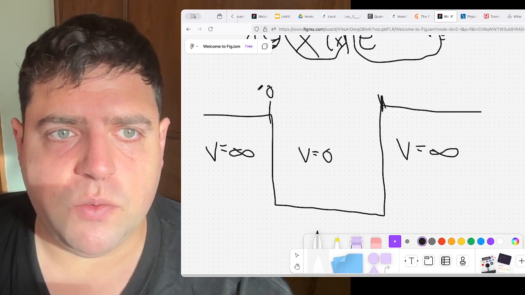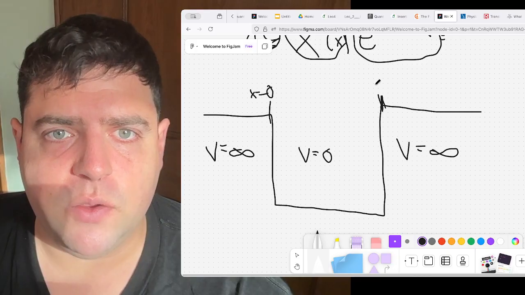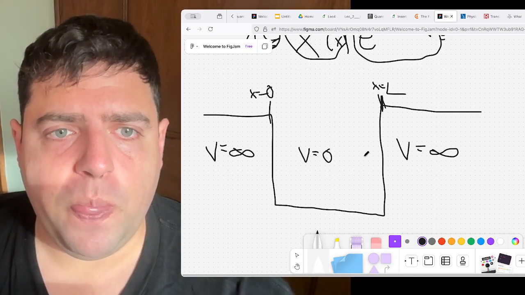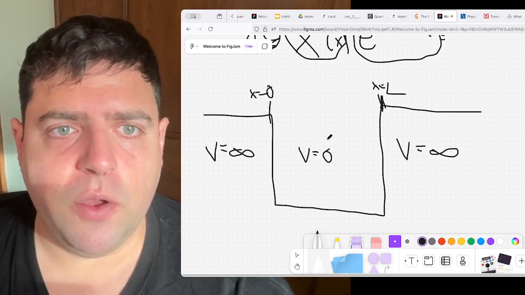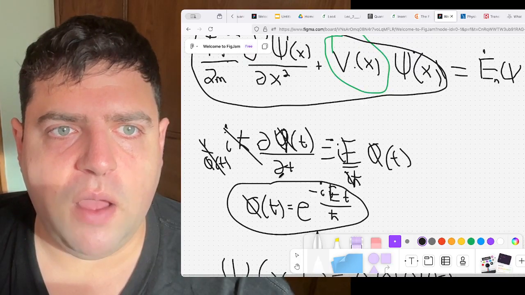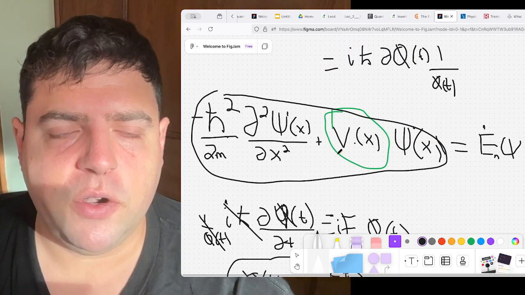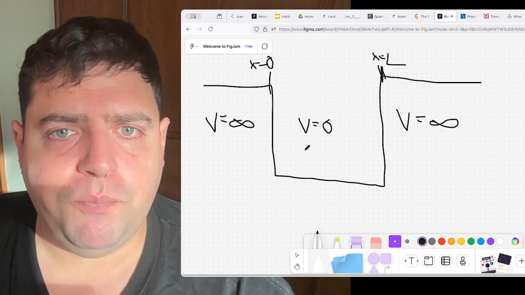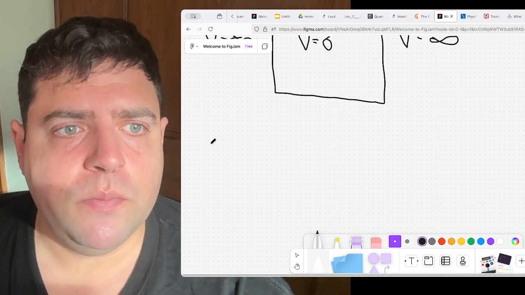So this is x equals 0, and this is x equals L. Right. So now that we have our potential configuration, we can solve the space part of the Schrodinger equation, and then we just append this part. Right. All right, let's do it.